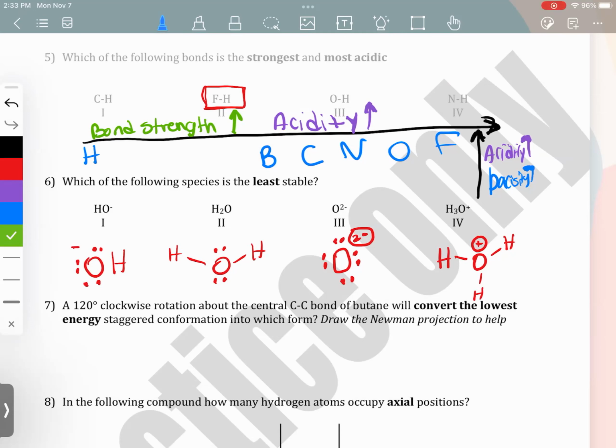Elements that are just floating around with all those non-bonding lone pairs around them are very reactive right now because they want to get into bonds. They want to form a bond with some other element so that they can start lowering their electron energies. So that means that this O2 minus is very unstable. This oxygen has no bonds at all.